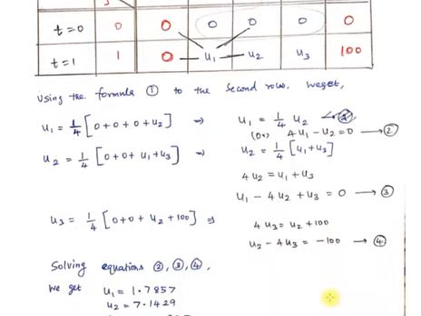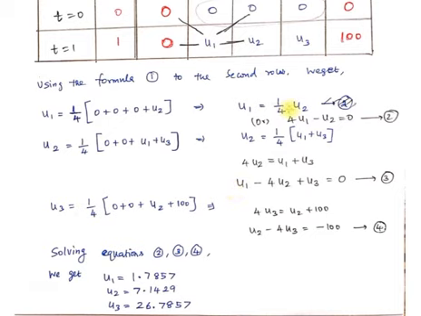Solving these equations by using Cramer's rule or by elimination method, we get u1 equal to 1.7857, u2 equal to 7.1429, u3 equal to 26.7857. That's all. It is the first problem.